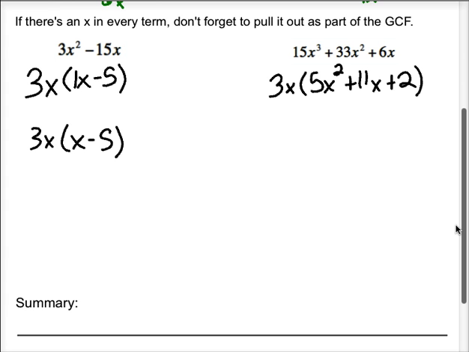So once you've pulled that out, now we can factor that remaining piece, because now we have a quadratic trinomial left in the parentheses. So now I'm going to factor it. 5x squared. Well, the only way to get that is a 5x and an x.